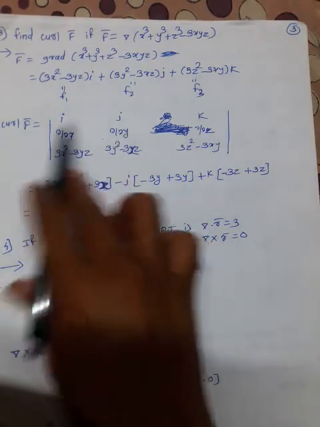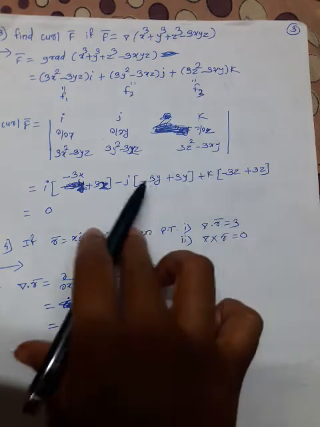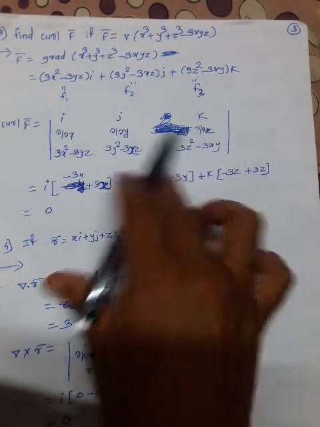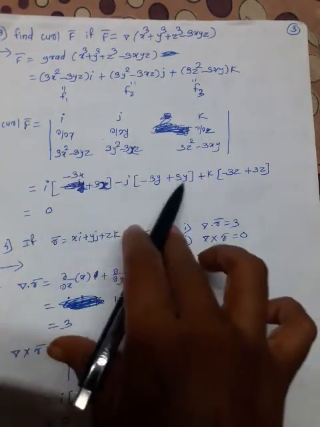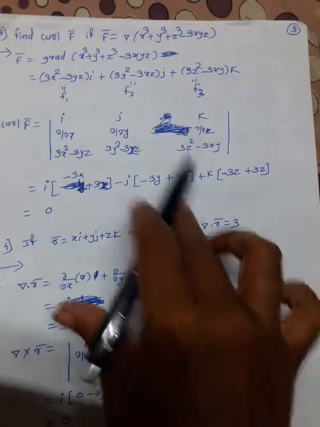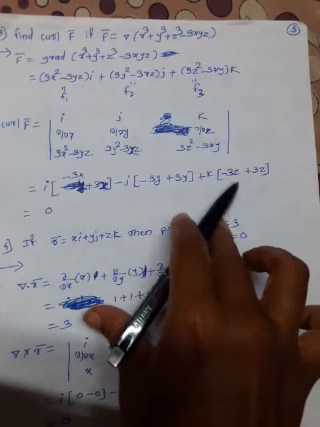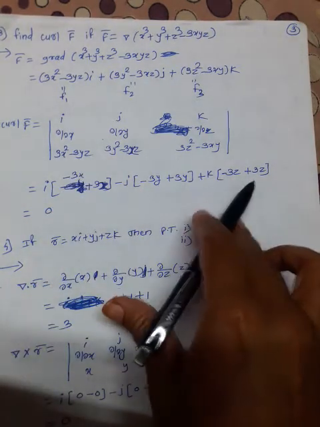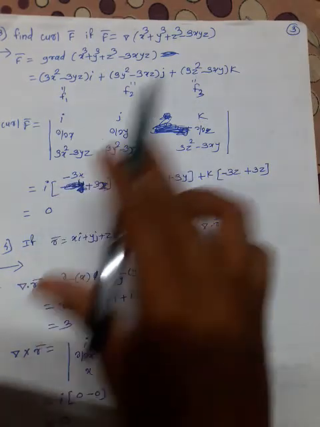Minus j into the derivative of this with respect to x is minus 3y, and because it is constant its derivative is 0. This into the derivative with respect to z, and minus minus gives plus 3y. Now plus k, the derivative of this with respect to x is minus 3z, minus the derivative with respect to y, it becomes plus 3z. If you observe, all the terms get cancelled and the answer is 0.